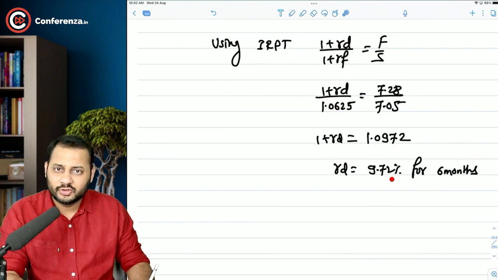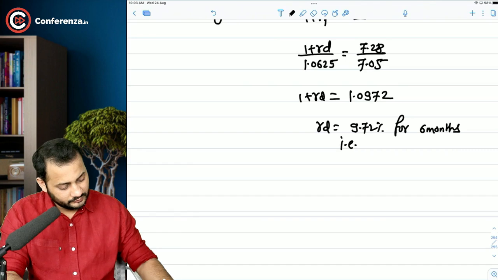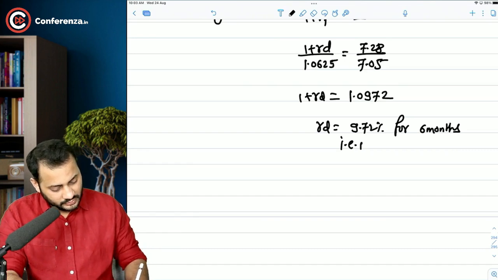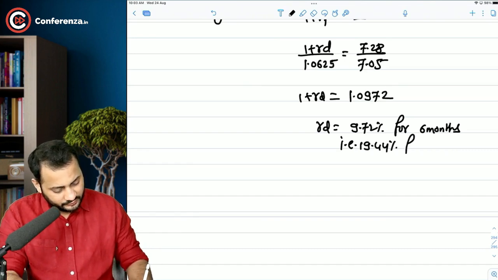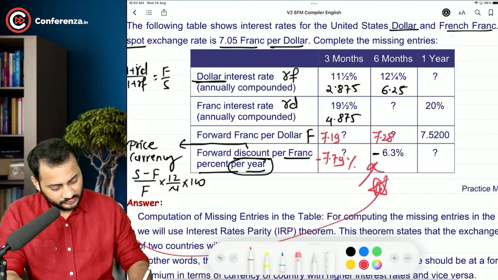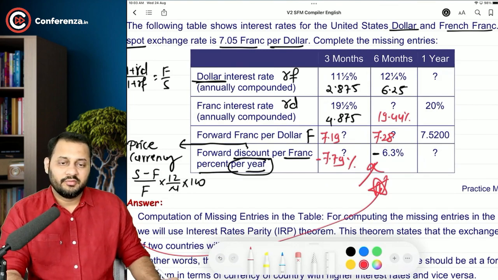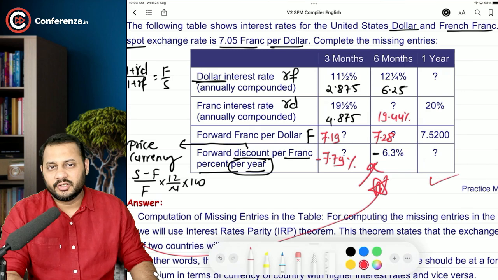So the result will also be for 6 months. We can simply multiply it by 2. 19.44% for 12 months. Simple. So 19.44%. Easy.